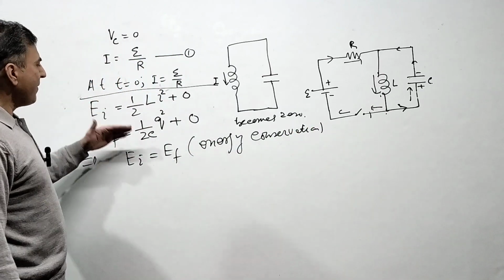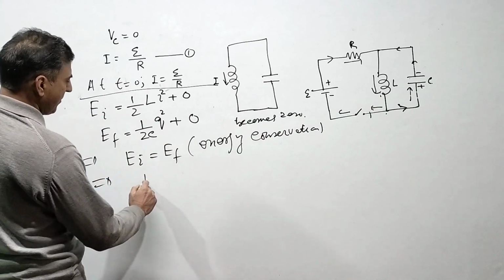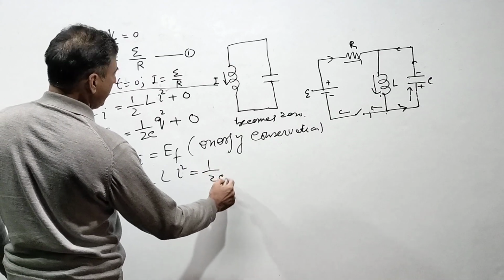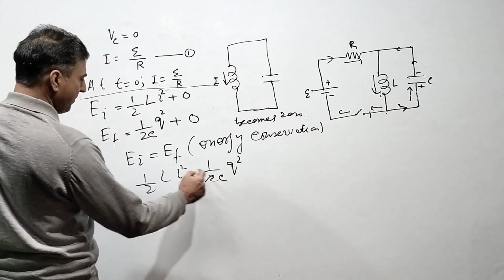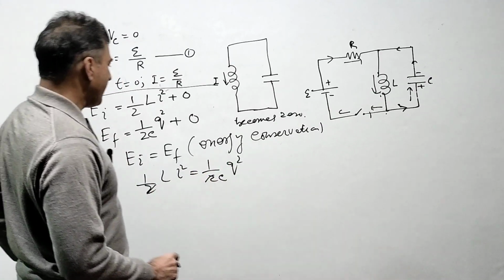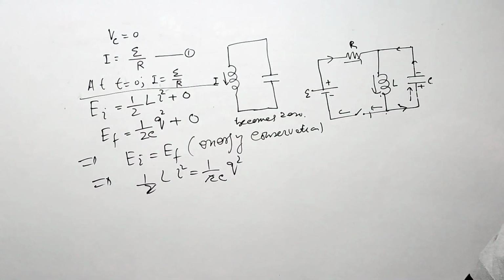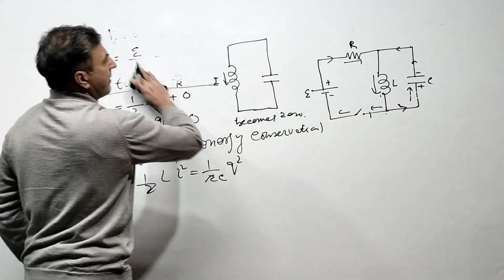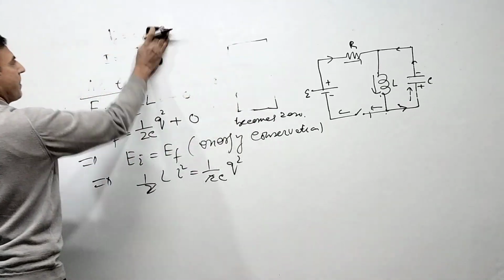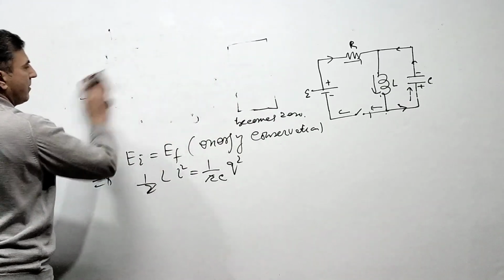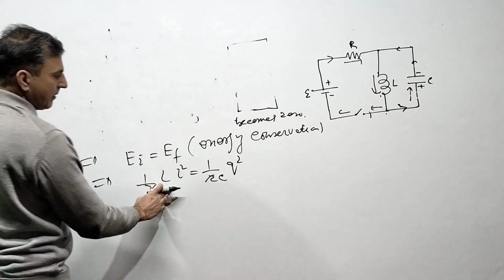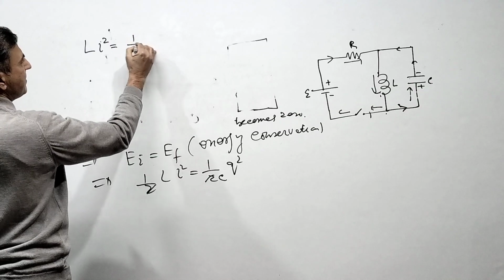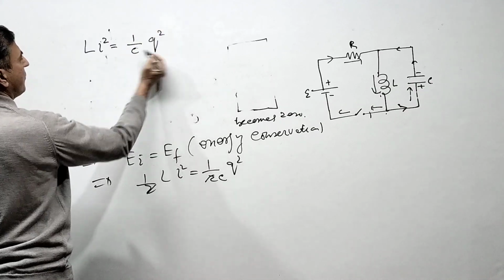Now, when I equate the two, what will I get? 1/2 L i square is equal to 1/2 Q square by C. The 1/2 cancels. So what should I write for Q? L i square is equal to Q square by C. So what is Q square?